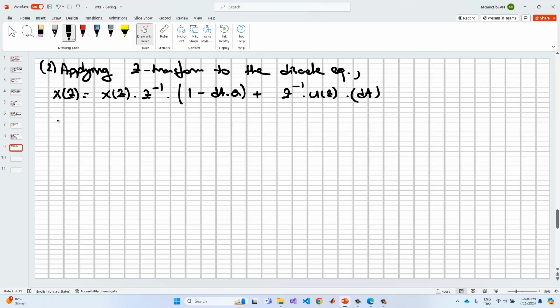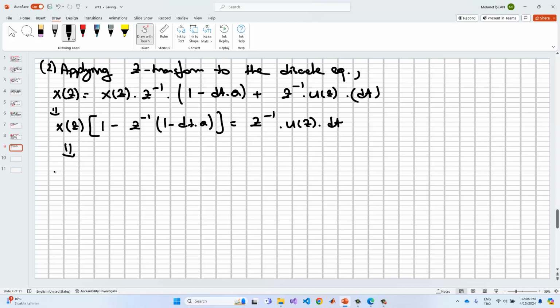And so if we collect the whole terms into the X(z) value in here, 1 minus z to the minus 1 times (1 minus dt times a), equals z to the minus 1 U(z) times dt.